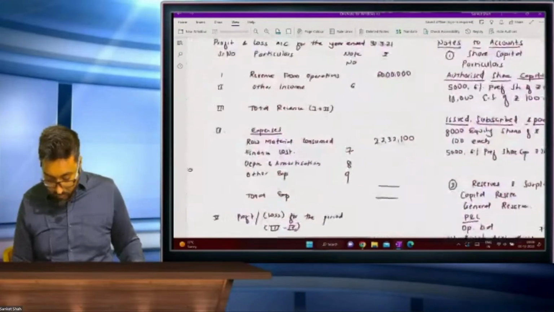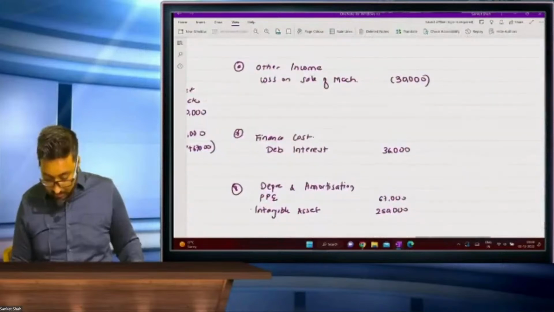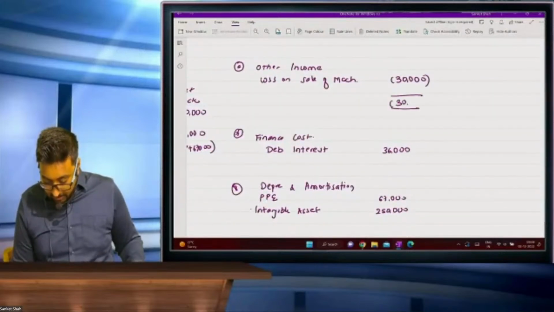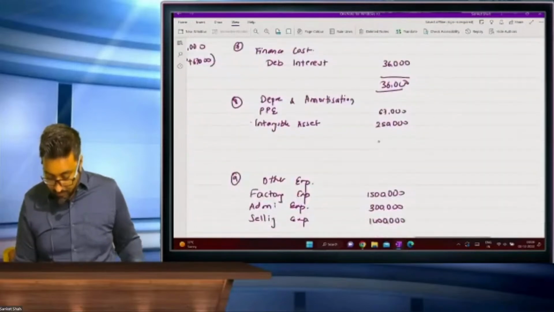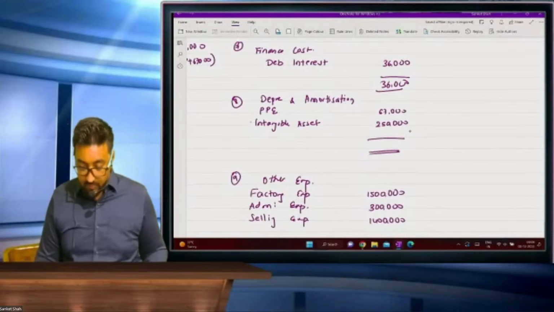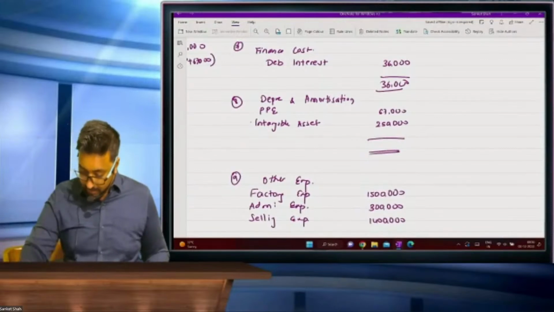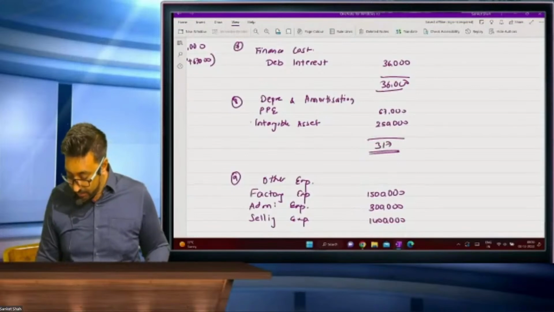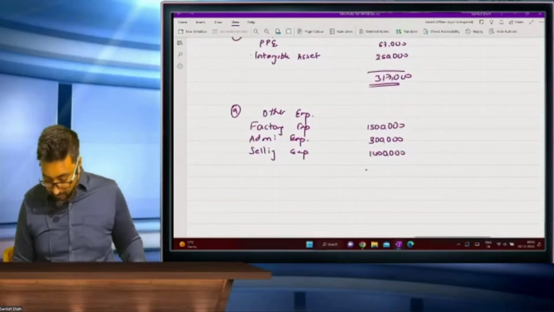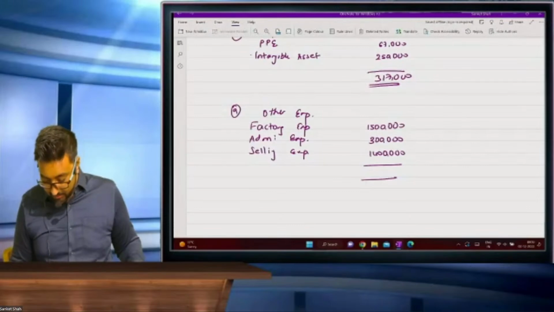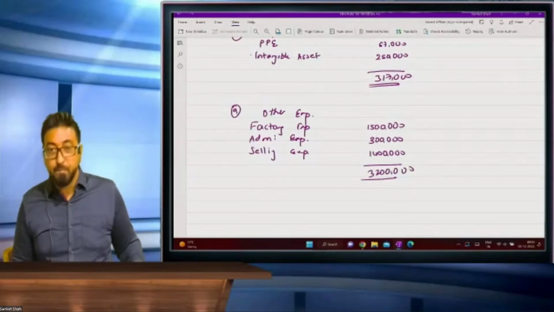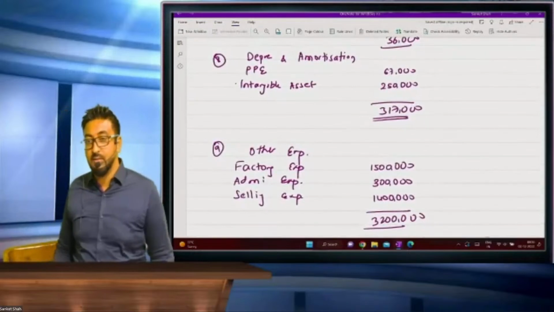Now, first we will close other heads. Less 30,000, 36,000. Then depreciation 67 plus 250, 3,17,000. And other expenses 32 lakhs. Other expenses 32 lakhs.